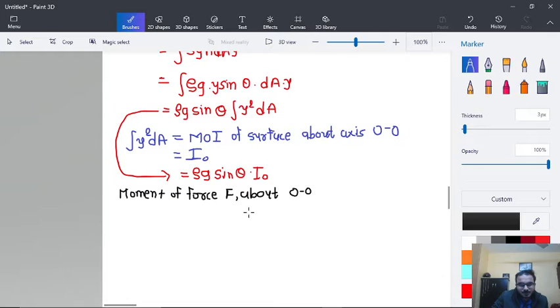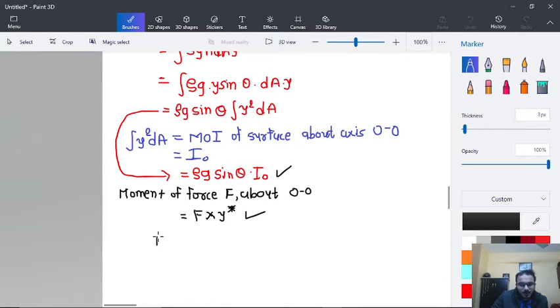So this will be equal to F into y star, and that we are looking for. So now we can equate these two.